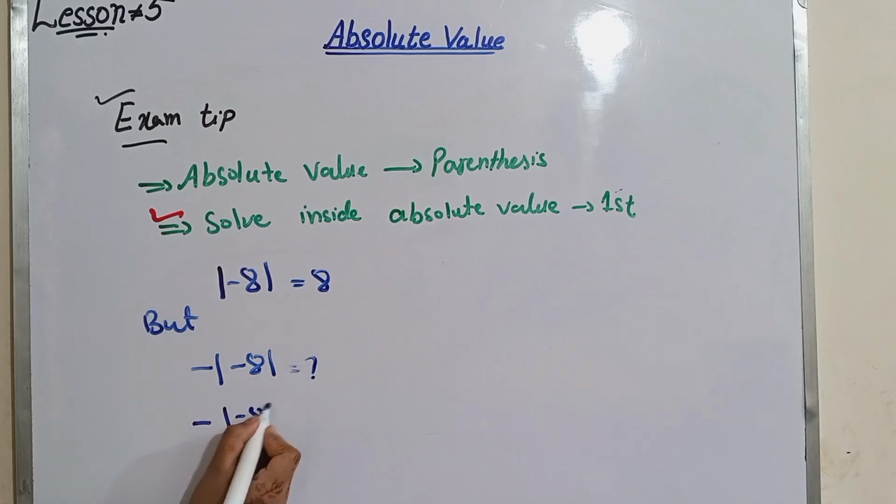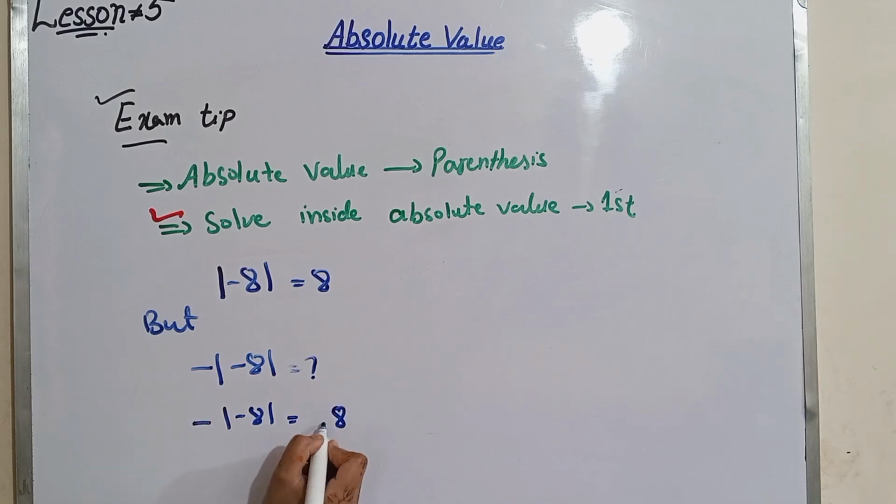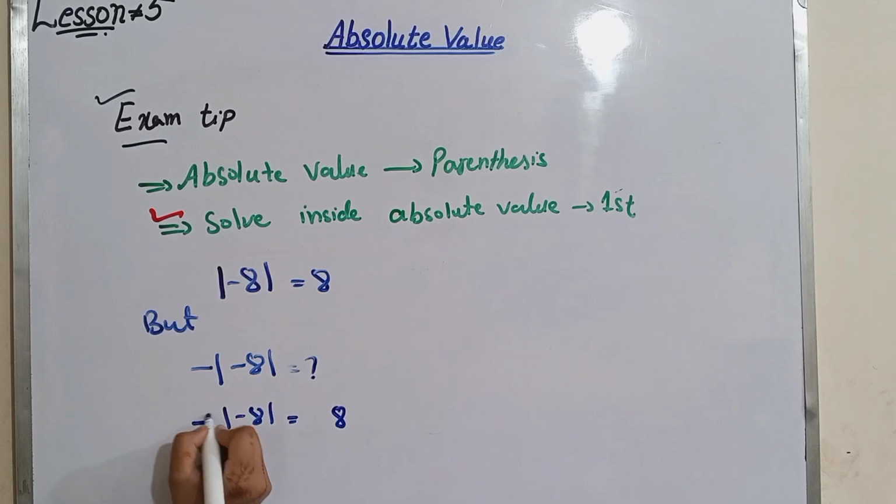Minus, absolute value of minus 8. Firstly we solve these parentheses just like this. The absolute value will convert to 8. Then the minus sign will remain as it is, so it will become minus 8. Why? Because the negative sign outside means multiply by minus 1. I repeat with you another example.